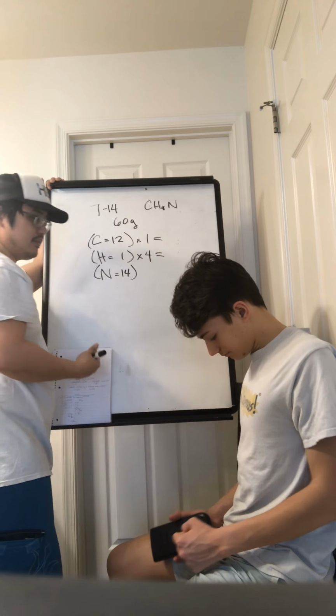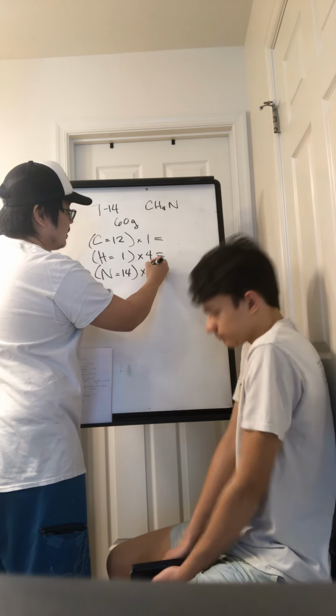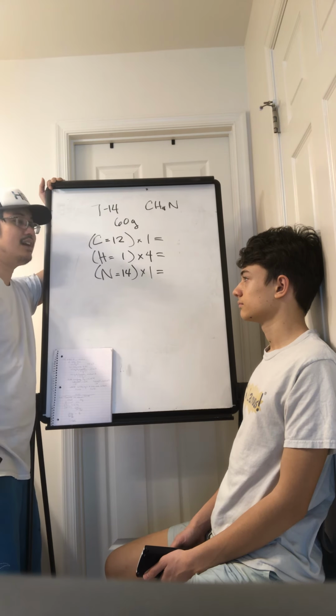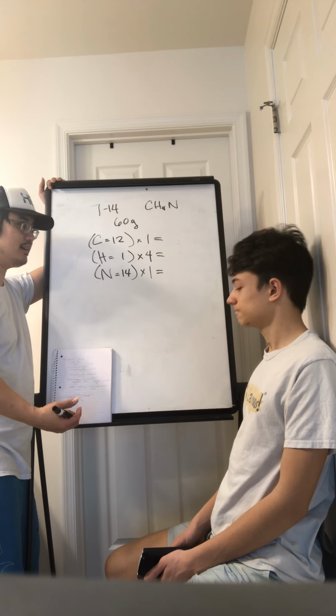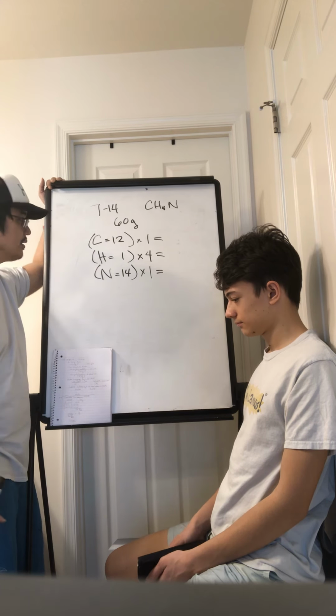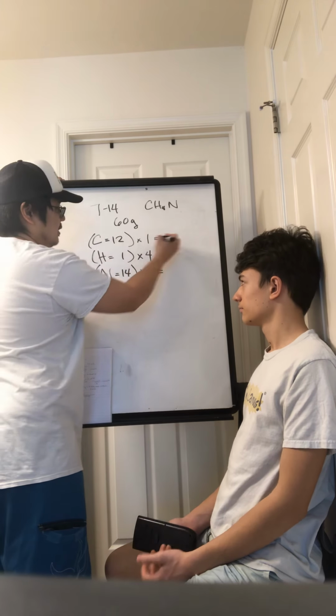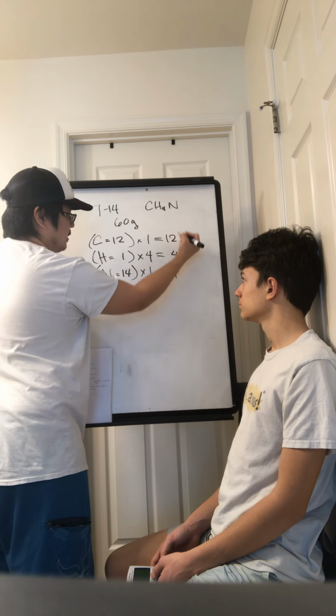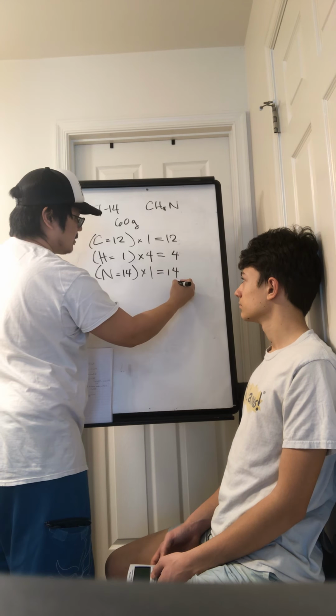Like I said, you do enough of these problems, you're going to get good at this stuff. So back when Dad told you, hey, make flashcards and start memorizing these numbers, I wasn't so crazy after all, right? So this is 12, this is 4, this is 14. Add them all up, I get 4 plus 4 plus, that's 8, plus 2 is 10, so that's 30.